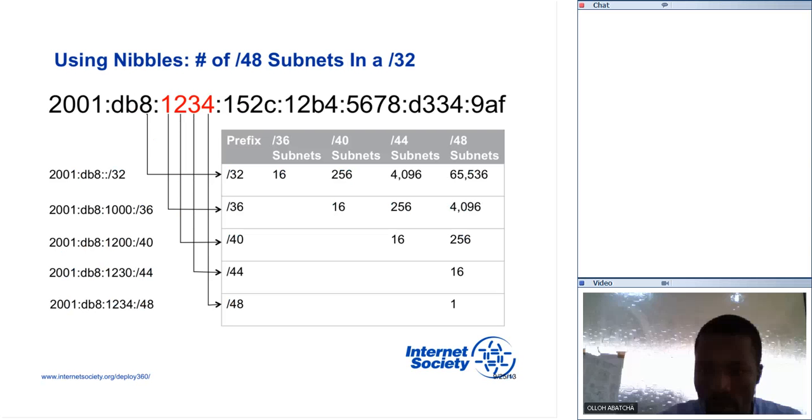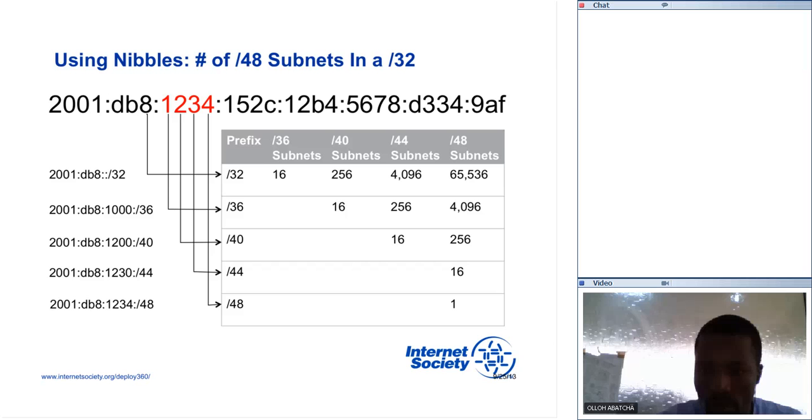If I want to give my customer a /40, which would be using the first 2 nibbles that are part of that 3rd block, they can then have 256 /48 subnets in their environment. Or they could subnet it further themselves and do 16 /44s.